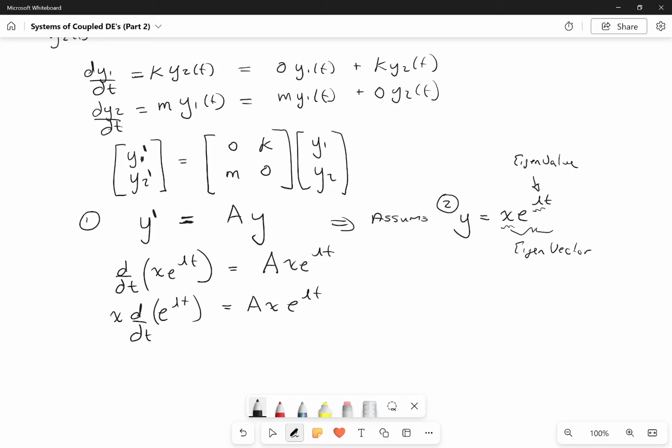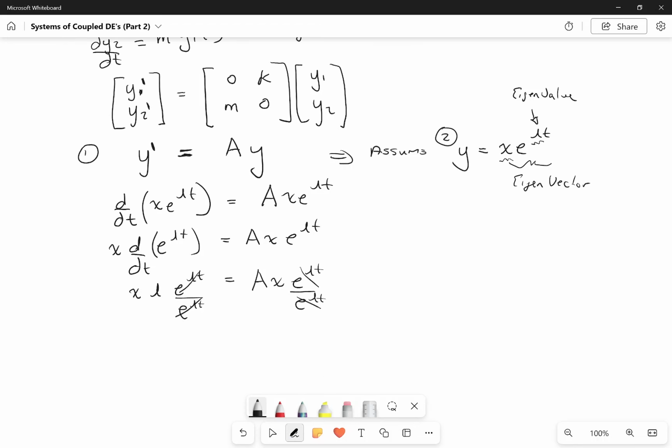Well, the derivative of e to the at is just a e to the at. So this becomes x lambda e to the lambda t, and this becomes A x e to the lambda t. And we can divide both sides by e to the lambda t, and they just cross out.